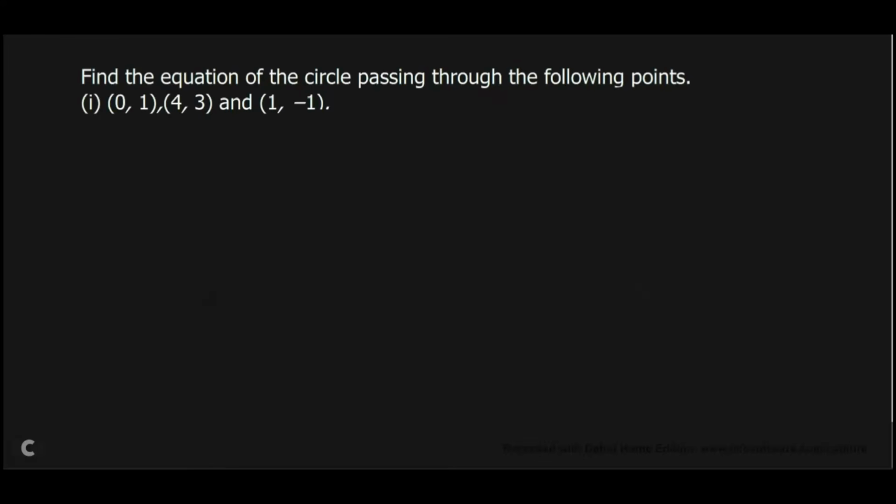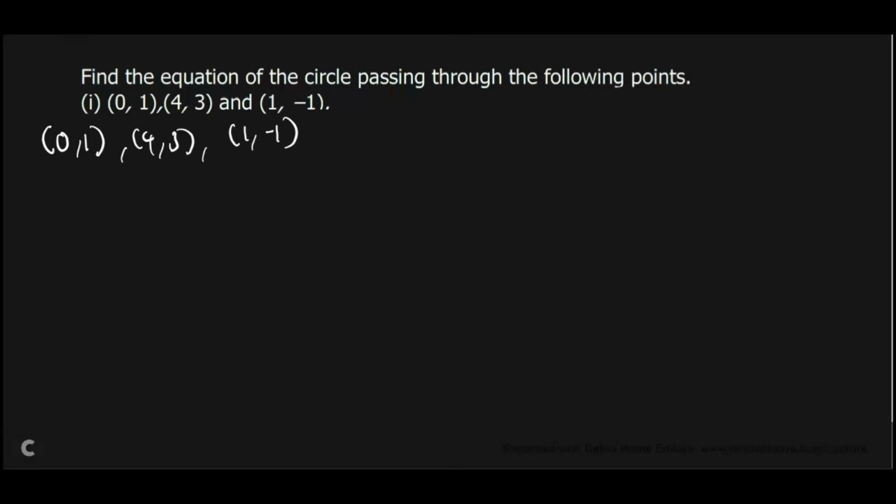The other question is saying find the equation of the circle passing through the following points. Now the question is, what are the points? 0, 1, then 4, 3, and 1, negative 1. Now, in this situation, you can't come up with this equation without knowing something about the general equation.